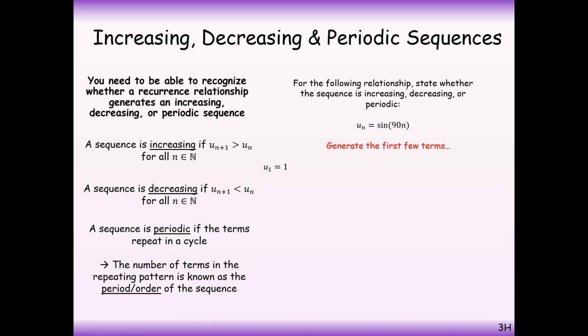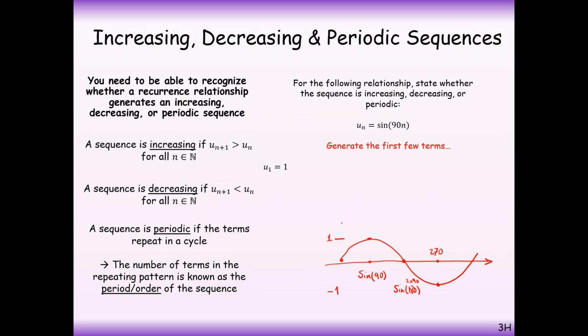If you substitute 1 here, and consider the sine curve, we get sine of 90 as the first value, because 90 times 1 is 90. So sine of 90 has a value of 1, doesn't it? When you substitute 2 into the sequence, you get sine of 180, or 2 times 90, which is simply 0.